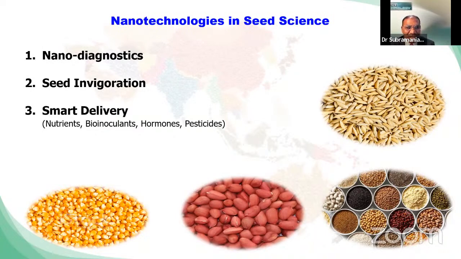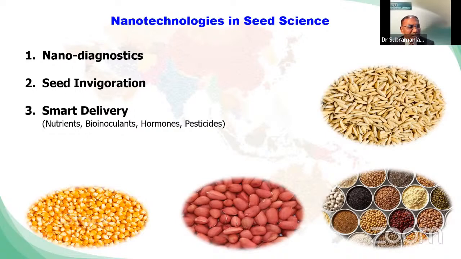Seed invigoration: there are any number of nanoparticles used for improving the germinability and the vigor of the seeds. Also, the seed could be a smart delivery system. You can use the seed itself as a nano input in agriculture. We can do many manipulations in seed so that it can improve the productivity of crops.